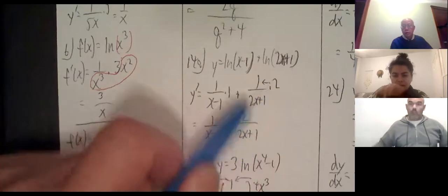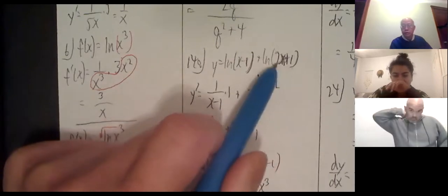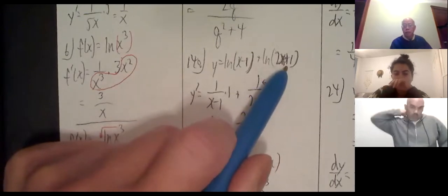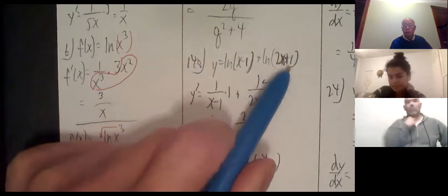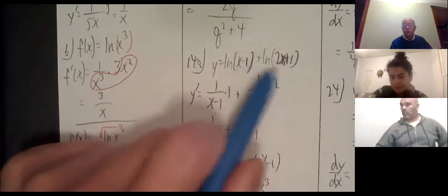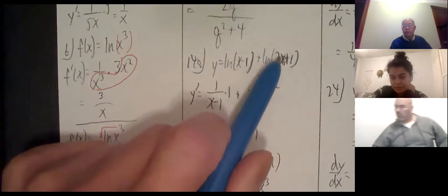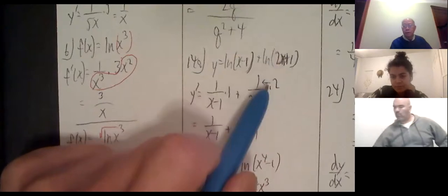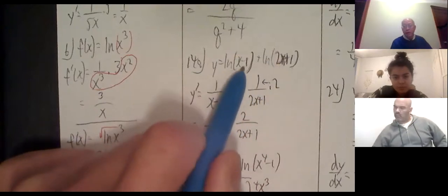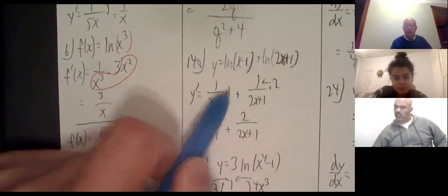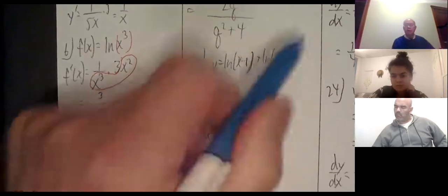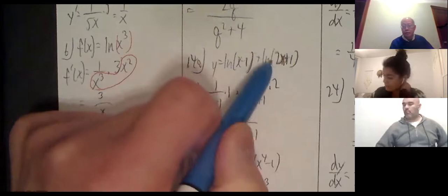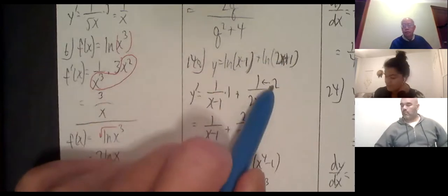Okay, so that's the derivative of the inside function, 2x plus 1. That's part of the chain rule. So you do the outside function's derivative times the derivative of the inside function. The derivative of x minus 1 is just 1, right? So technically it's times 1, but if it's times 1, you don't have to write it. This one you definitely have to write because the derivative of 2x plus 1 is 2.